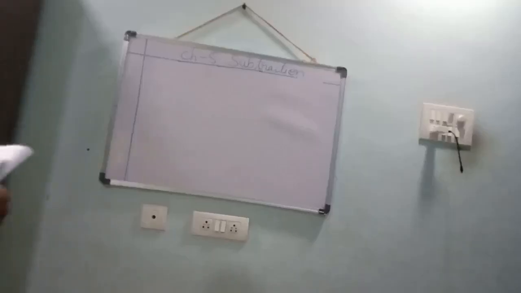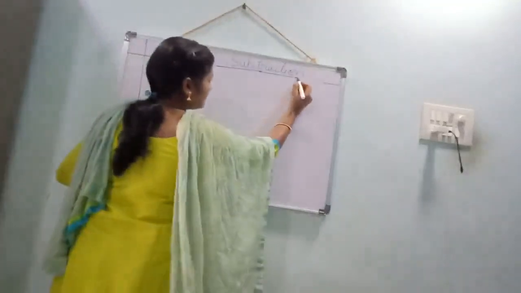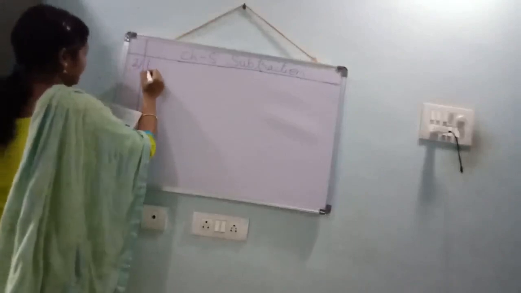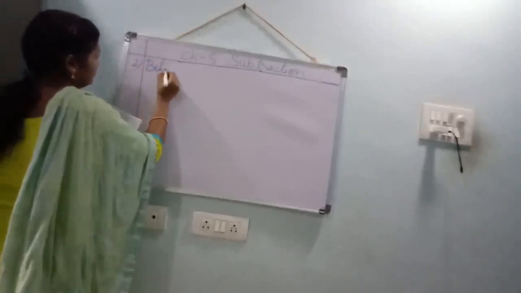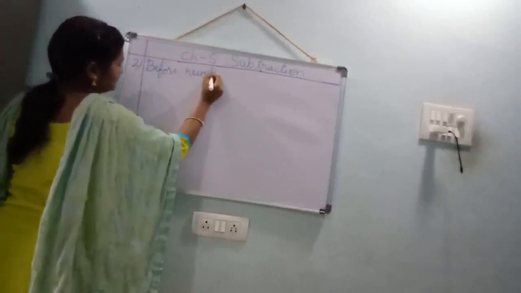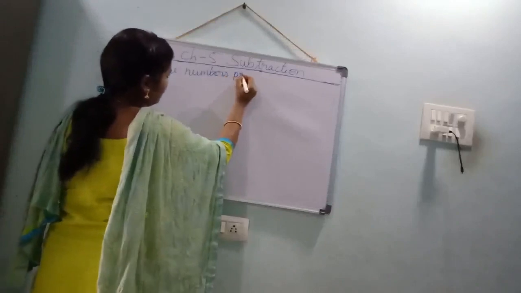You learned zero property. Now, before number property. Second one, what is that? Before numbers property.